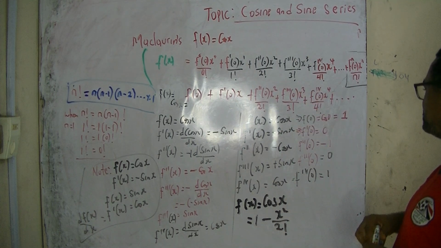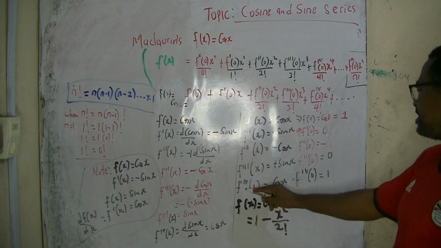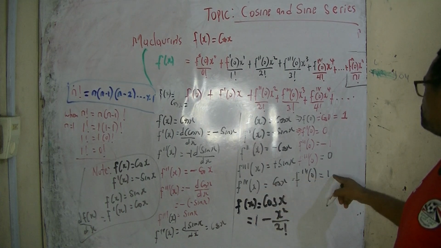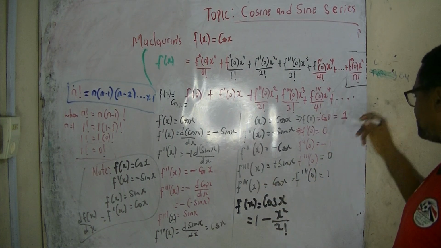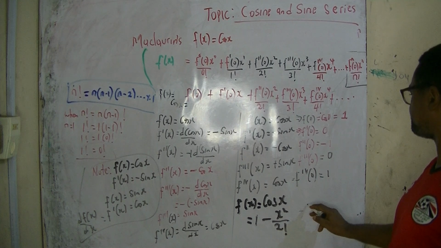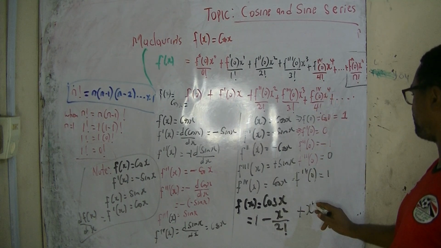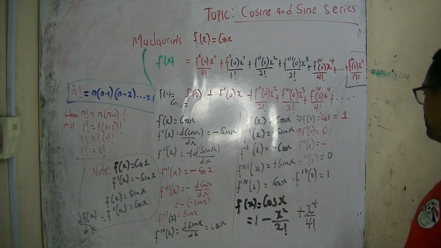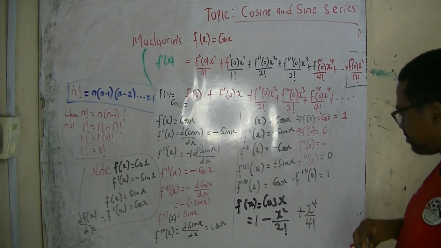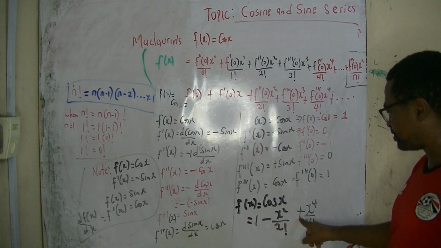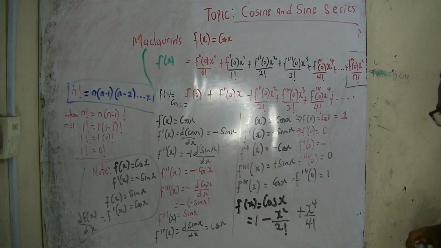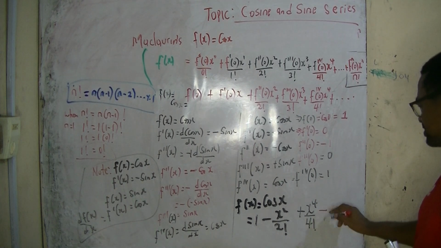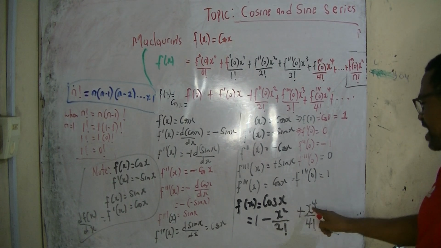So we move down to the fourth derivative, and our answer for the fourth derivative of 0 is 1. So we move down to this place. It's going to be plus x raised to power 4 divided by 4 factorial. So if you look at this pattern, we are moving from negative to positive. That means the next term that we are going to have there will be minus. And you can see this power, we are having even power.